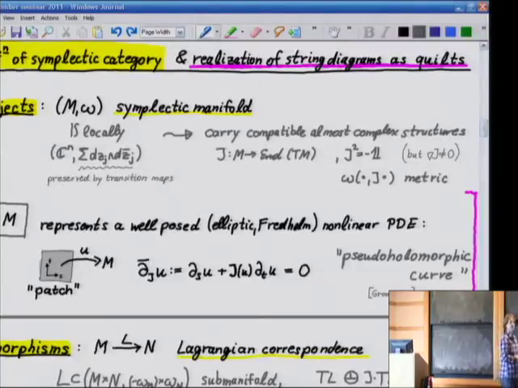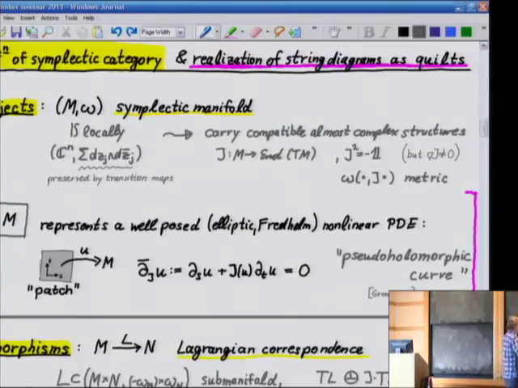When you say symplectic, it is symplectic plus the pseudo-holomorphic plus the almost complex structure. Every symplectic manifold has a contractible set of compatible almost complex structures. Because it's contractible, it's never going to matter, at least on the homology level.